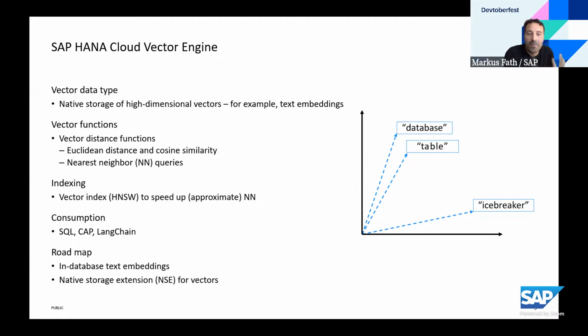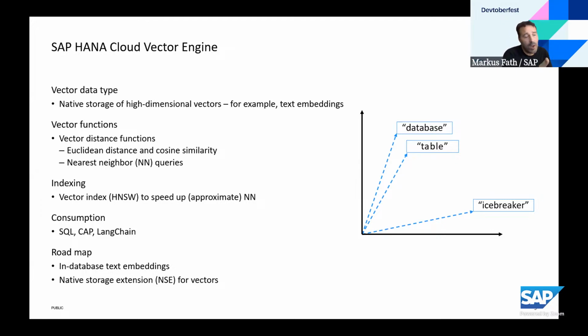Now, the magic of these text embedding functions, like from OpenAI, text embedding ADA002, is that text that is semantically similar to each other is mapped to vectors in that high-dimensional space that are close to each other.